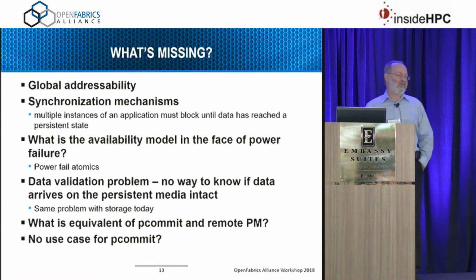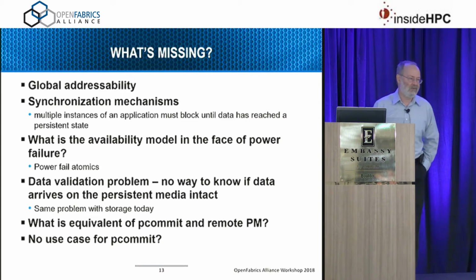How do you know if the data was good? This is the problem with all of our storage technologies. Maybe we can do some things to improve on that. Then the p-commit, that's a relative of the combination of atomicity and synchronization issues. So this is the list of gaps that we put together.